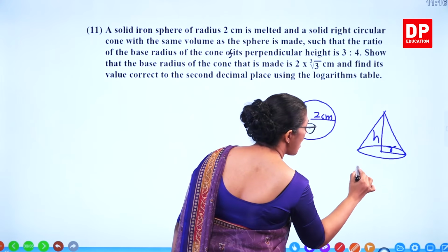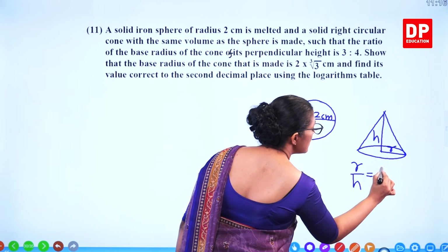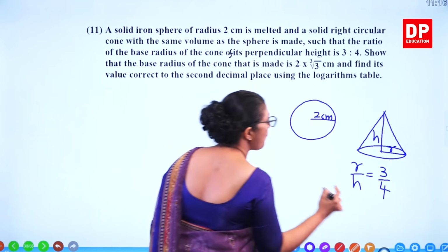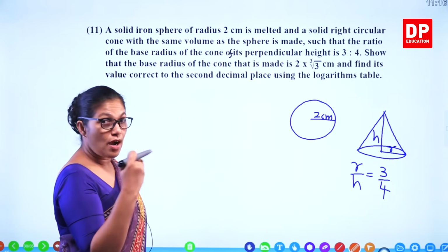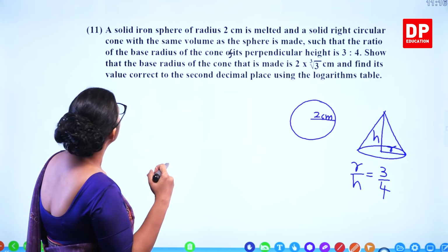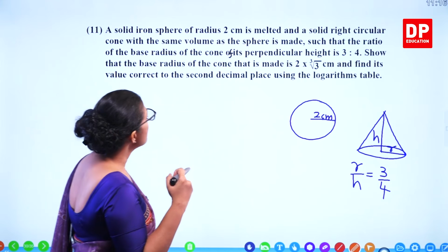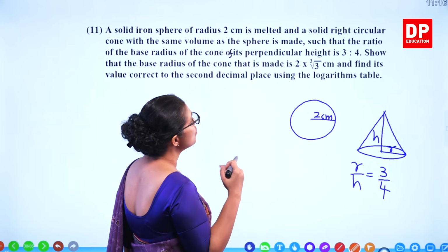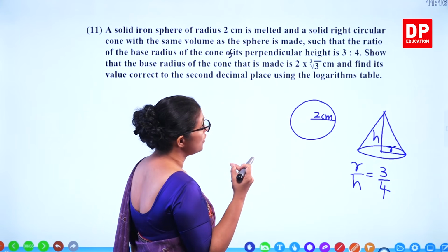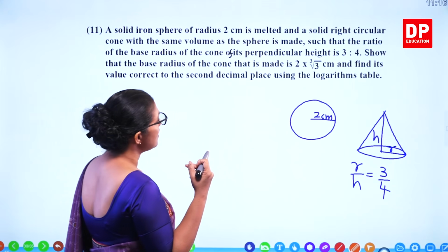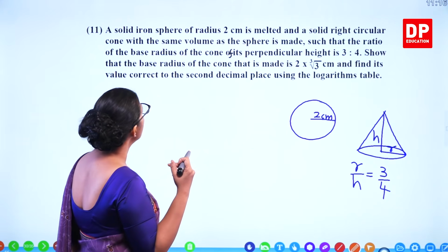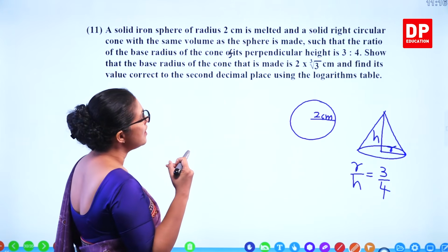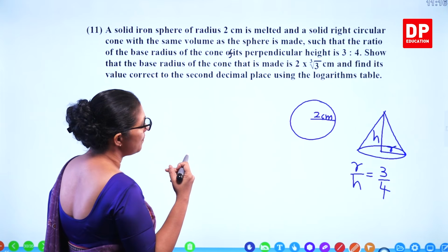So that means R over H is 3 over 4. Show that the base radius of the cone that is made is 2 times the cube root of 3 centimeters and find its value correct to the second decimal place using the logarithms table.